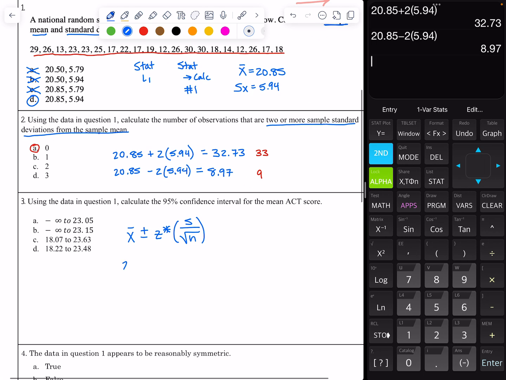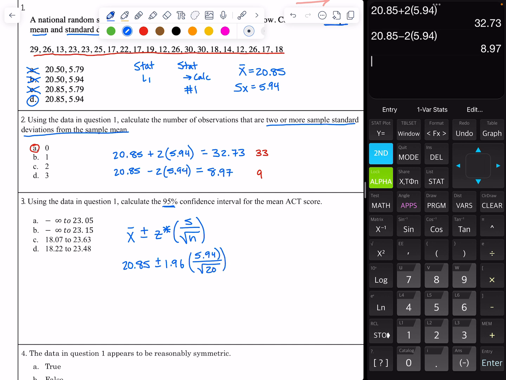We had our mean of 20.85, plus or minus, and the 95% confidence level has a Z star value of 1.96. Our standard deviation was 5.94, and our sample size was 20, because we had 20 ACT scores.